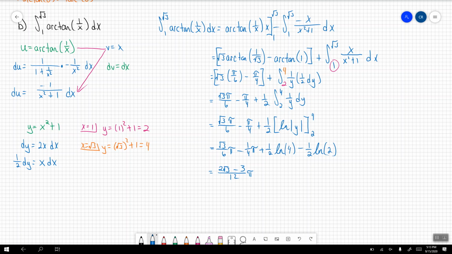Now, I have a half here, so I'm going to have plus 1/2 multiplied by the natural log. Remember, if I factor out a half, I now have the natural log of 4 minus natural log of 2. Same natural logs subtracting one another, that means we can divide their arguments, which means it's the natural log of 2. Simplify just a little bit further.